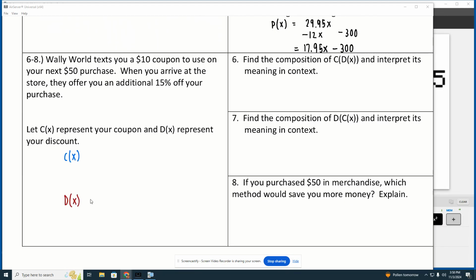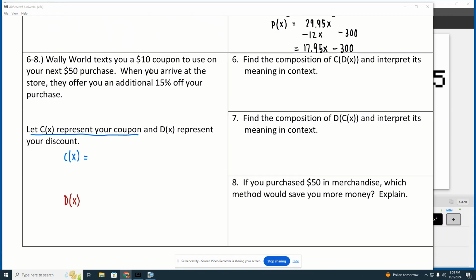So C of x is, if you notice here, it represents the coupon. All right. So when I'm dealing with a coupon, and this is very similar to yesterday's or Friday's assignment, it tells me that Wally World texts me a $10 coupon. So here's the deal.